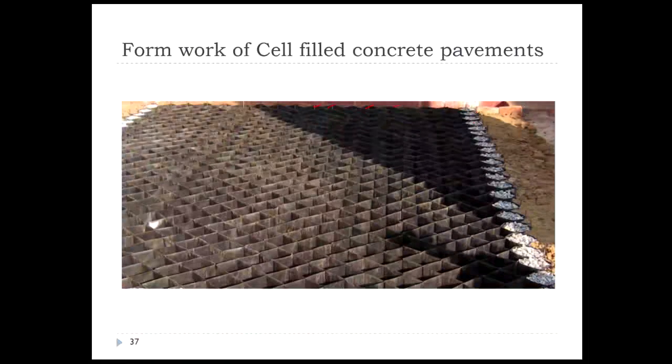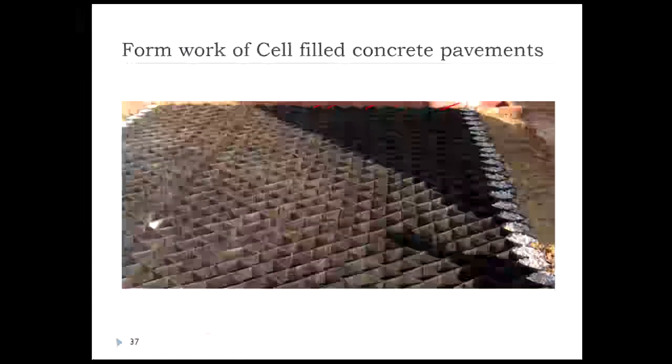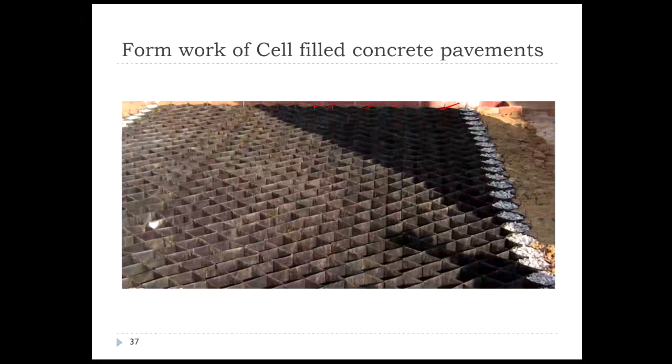Once you fill the end cells, you can start pouring concrete from the edge, and provided you go for a zero slump concrete pavement, your construction would be relatively faster when compared to conventional concrete.